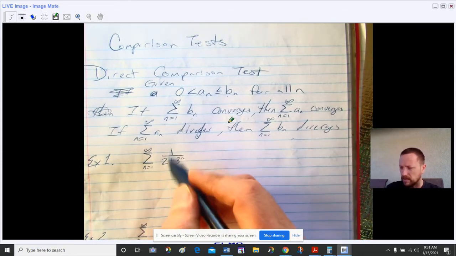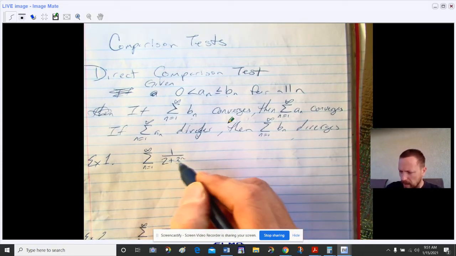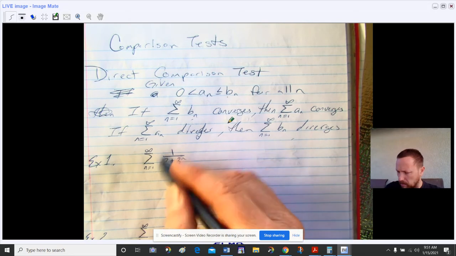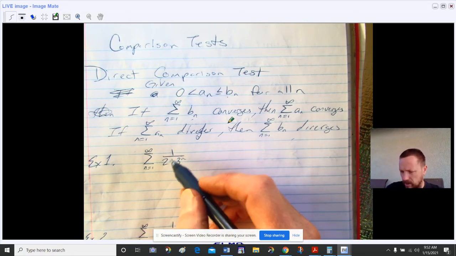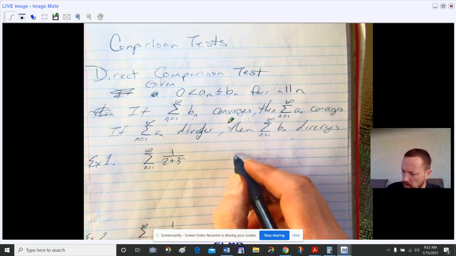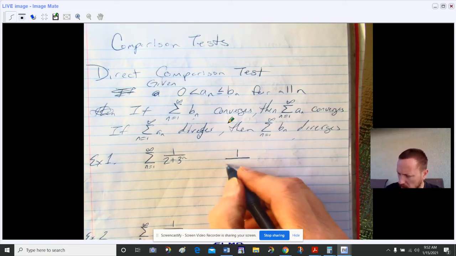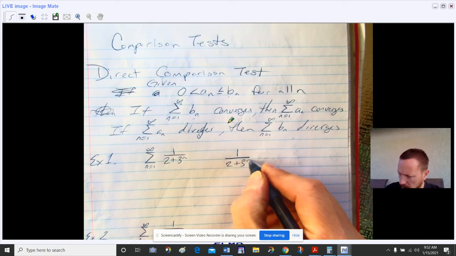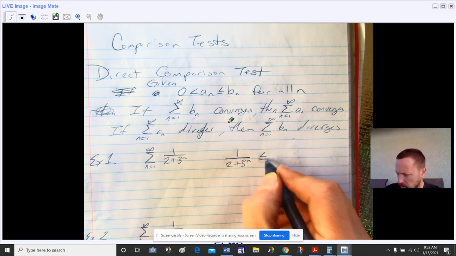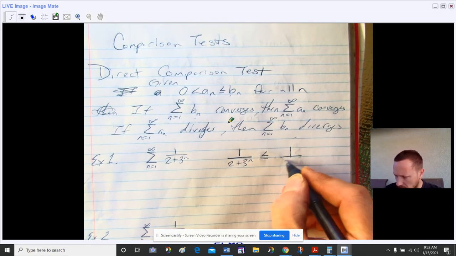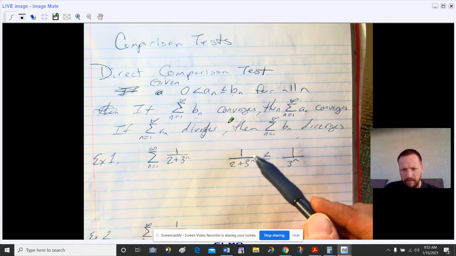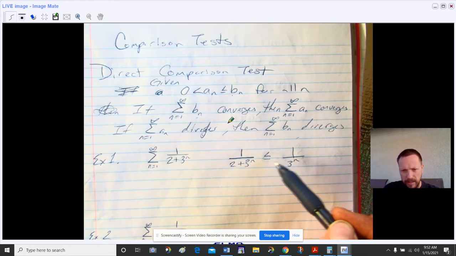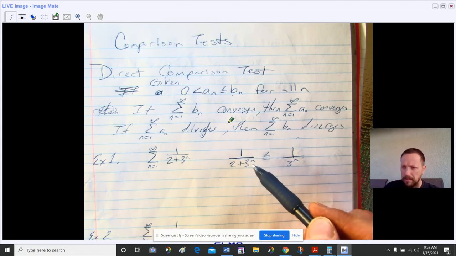So let's take a look at something like this. We know that if you have a fraction and you add more to the denominator, then 1 over 2 plus 3 to the n must be less than or equal to 1 over 3 to the n, for all terms. That follows because the denominator is going to be bigger.